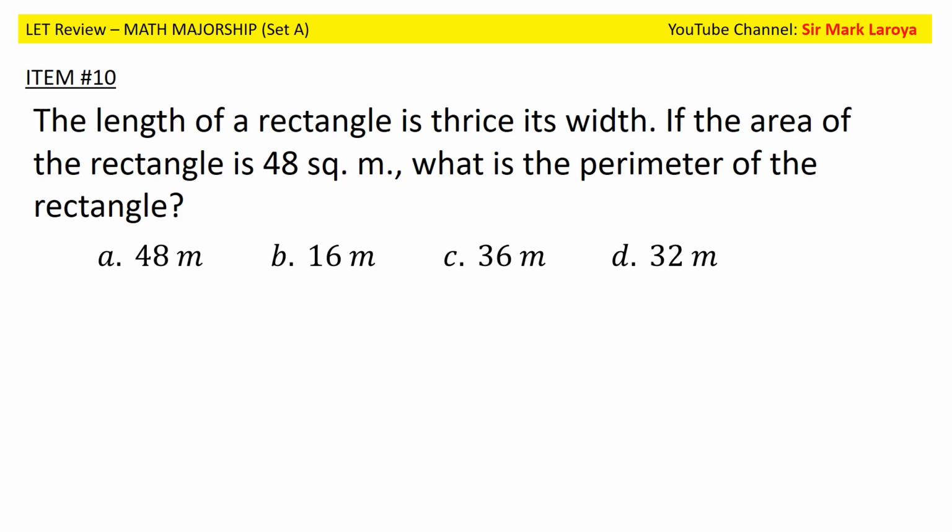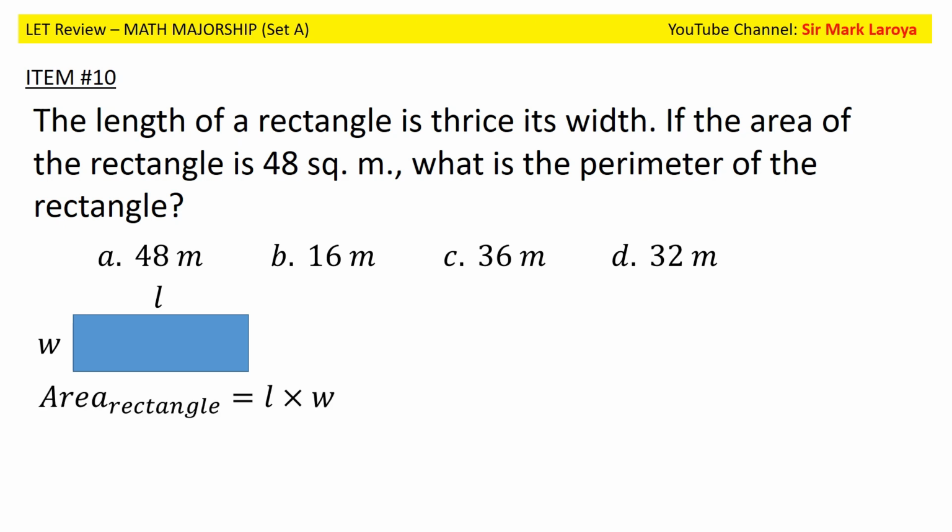Okay, we know that in a rectangle, we have the length and the width. So, sabi dito sa problem, the area of the rectangle is 48 square meters. So, the area of the rectangle is simply length times width. Since it says here that our length is thrice the width, so we can say that L, the length, is equal to 3W, thrice the width.